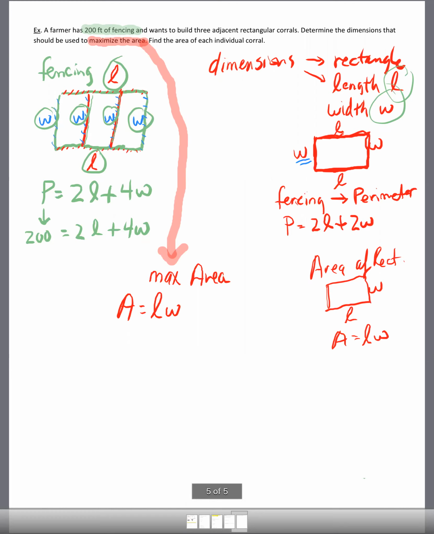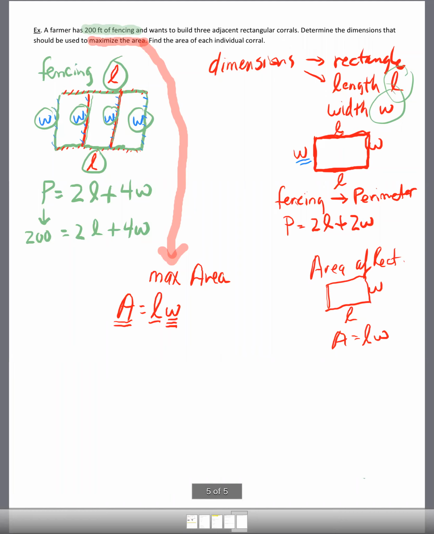I have to choose what to do with these variables. A is just going to end up being my area, so that's what I'm trying to maximize. So I'm not going to change this variable here. But A is determined by 2 separate variables, and so one of these 2 variables needs to switch.